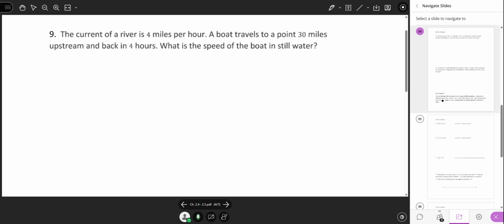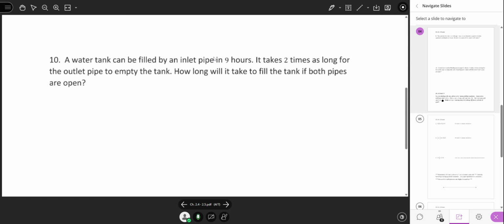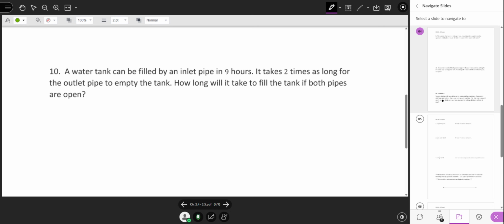Number 9, not user friendly. So let's go to number 10. That one's quick and dirty. So, a water tank can be filled with an inlet pipe in 9 hours. It takes twice as long for an outlet pipe to empty that same tank. How long will it take to fill the tank if both pipes are wide open? Well, this is called the shared work problem. Okay?